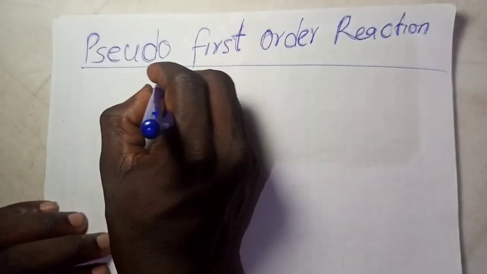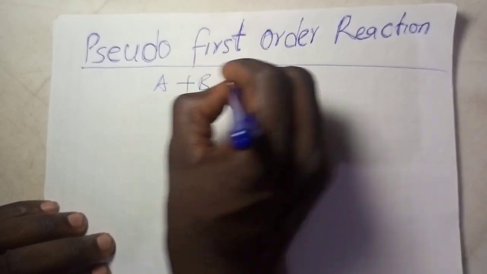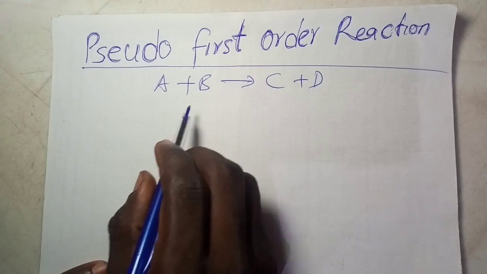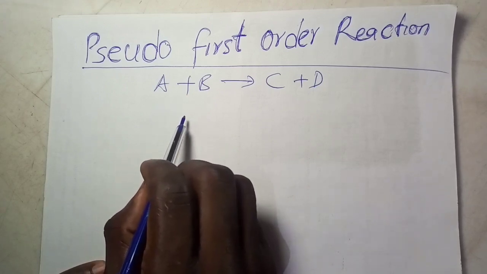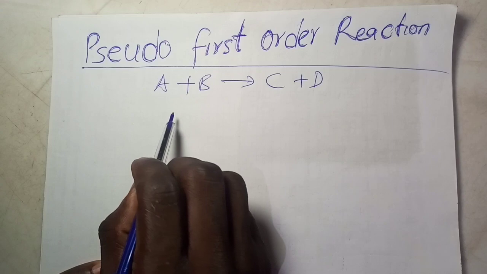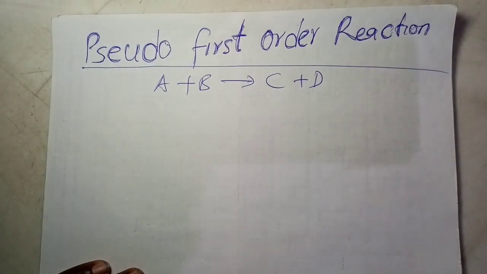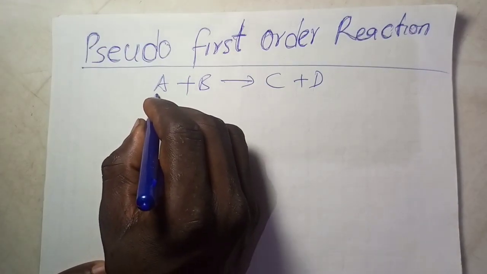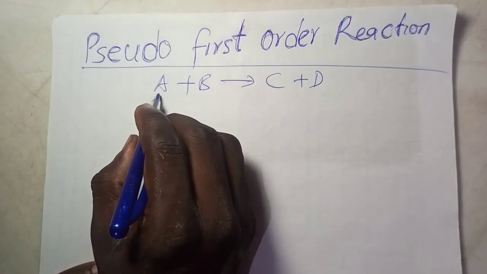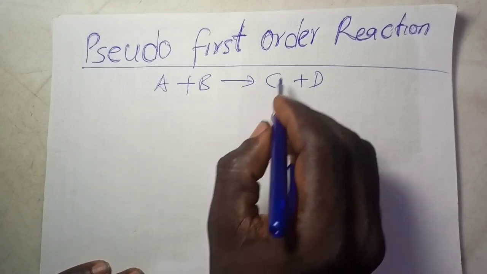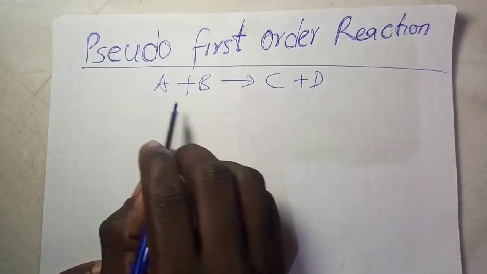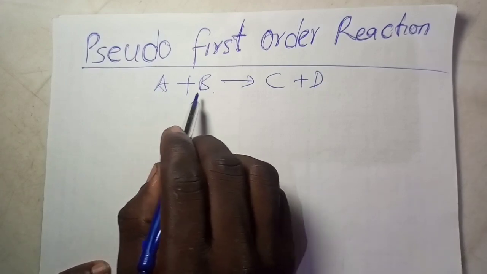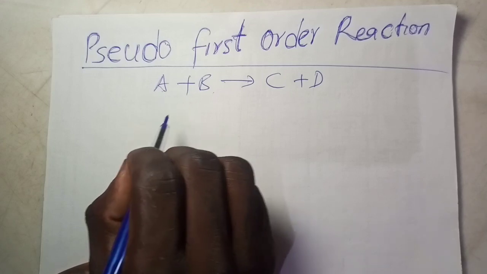Look at this reaction. It is a bimolecular reaction, or a second order reaction, that is made to behave like a first order. How do we explain it further? This reaction is dependent on the concentration of both A and B, but one of them must be present in large concentration.